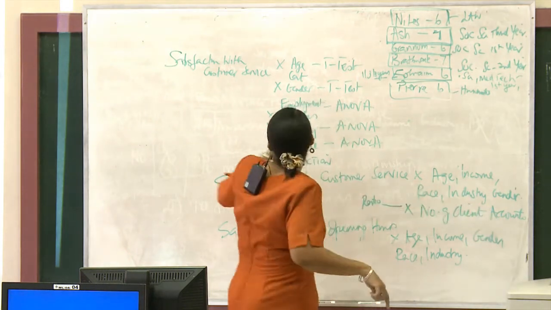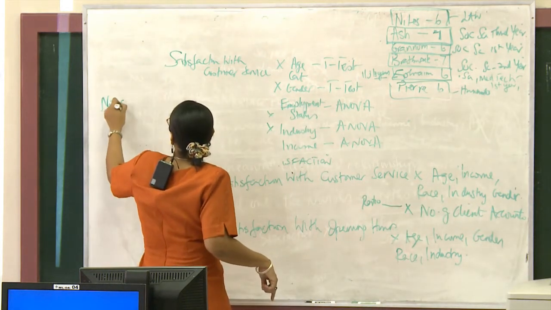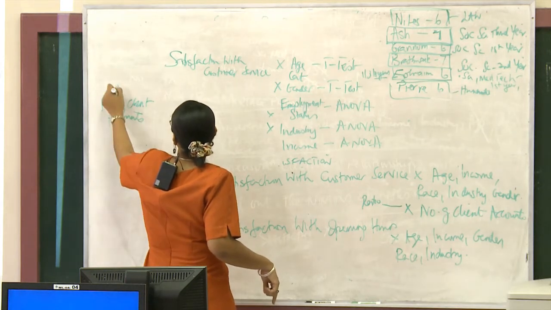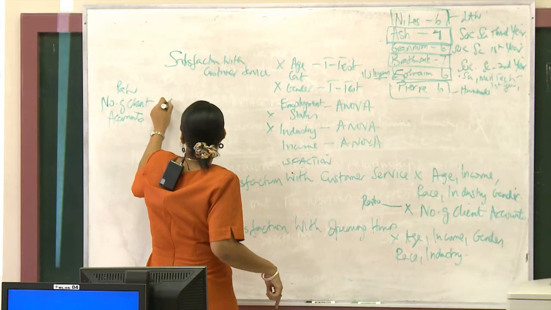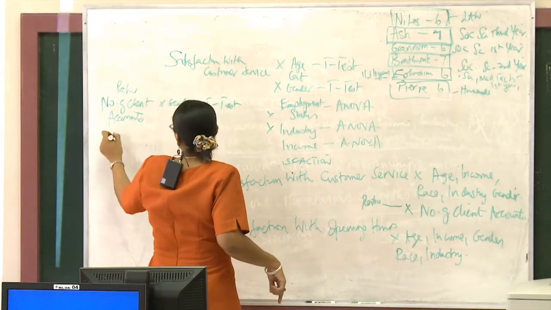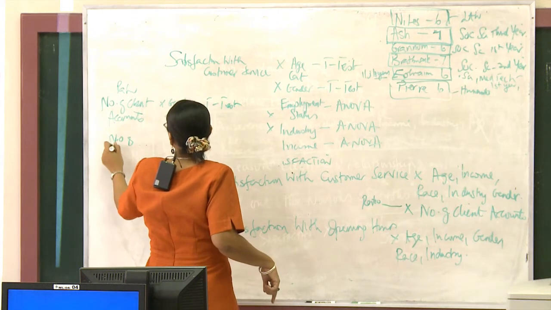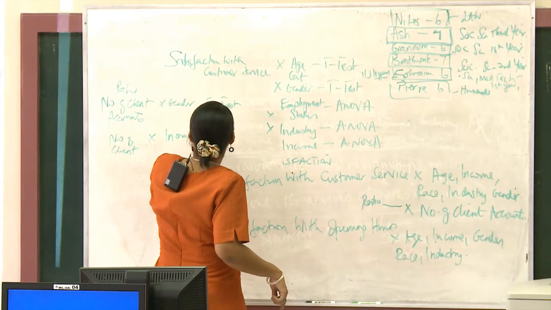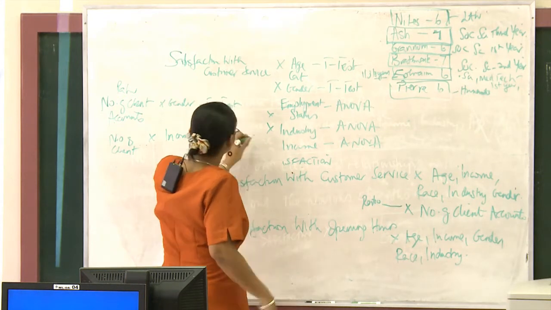So if I was running number of client accounts by gender, I would be running a t-test. If I was running number of client accounts by income, I would be running an analysis of variance.